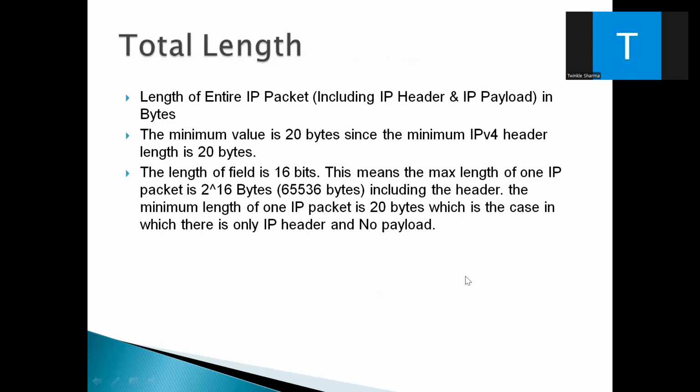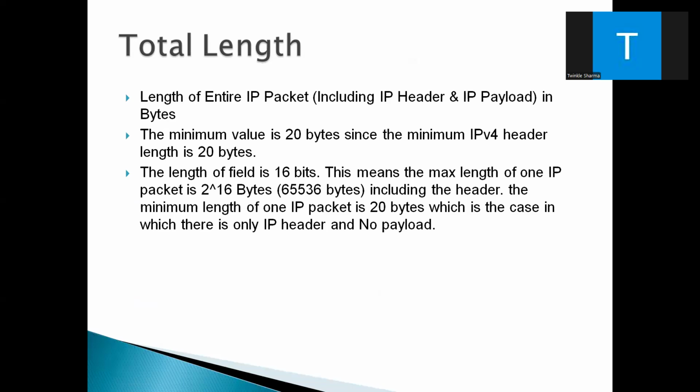Then we have total length, the length of the entire IP packet including IP header and IP payload in bytes. The minimum value is 20 bytes, since the minimum IPv4 header length is 20 bytes. The length field is 16 bits.